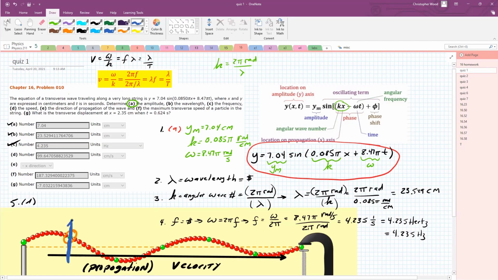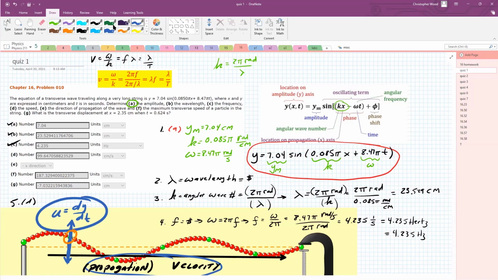That green dot is bouncing up and down with some transverse velocity, which is u equals dy dt. So we have two kinds of velocity: transverse velocity and propagation velocity, or just regular old velocity. Part D says, what's the propagation velocity of this particular wave? And the answer is whatever you want.